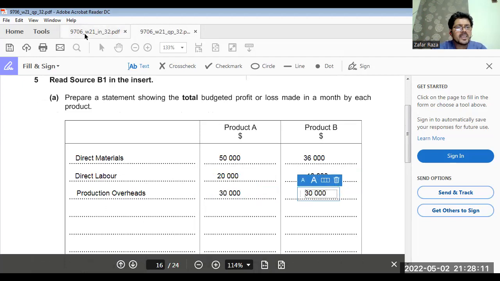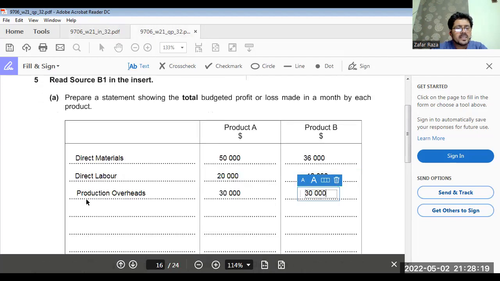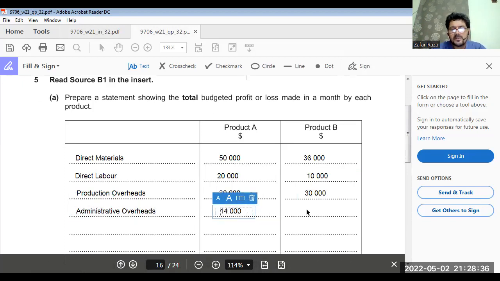Now what about administrative overhead? Administrative overhead again 50%, 28,000. So AOH or administrative overhead is 14,000 here and 14,000 here.